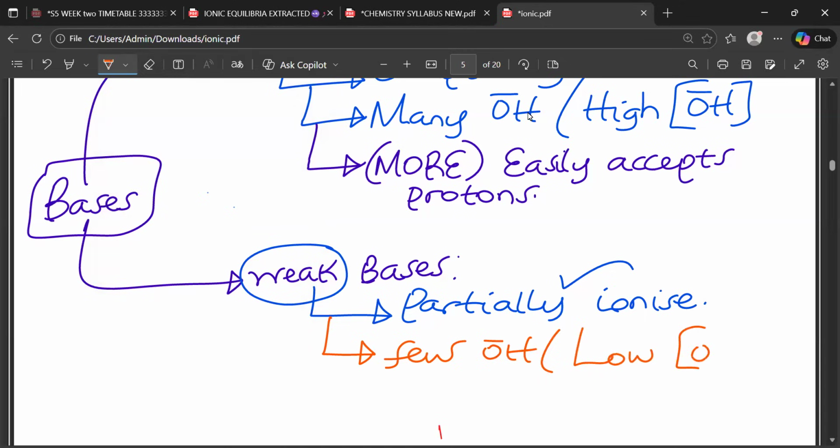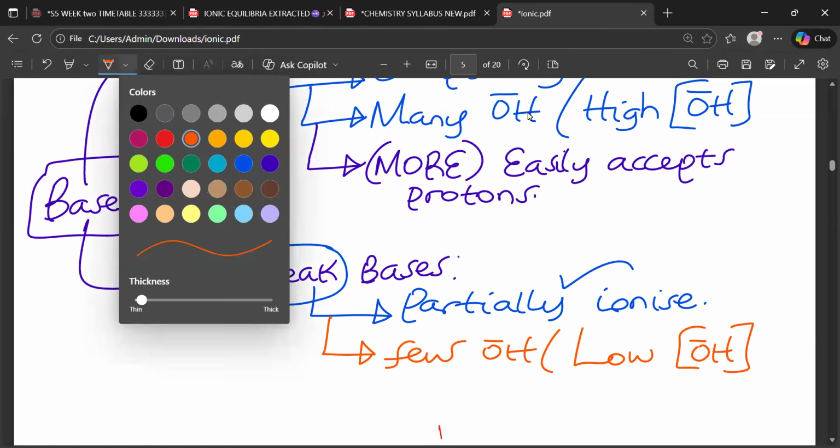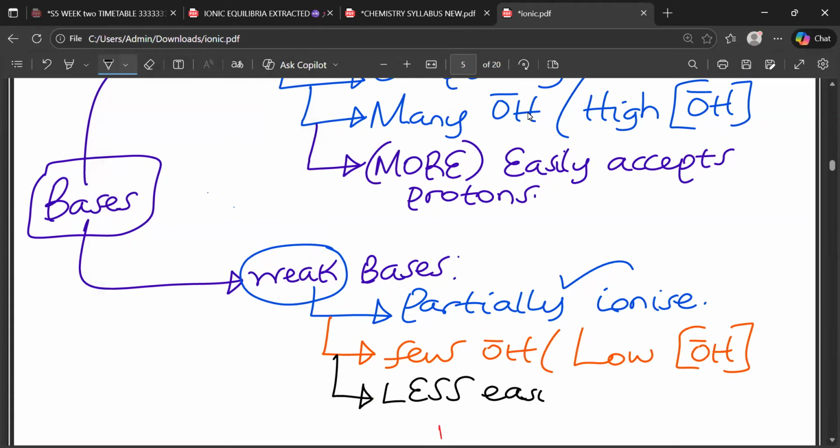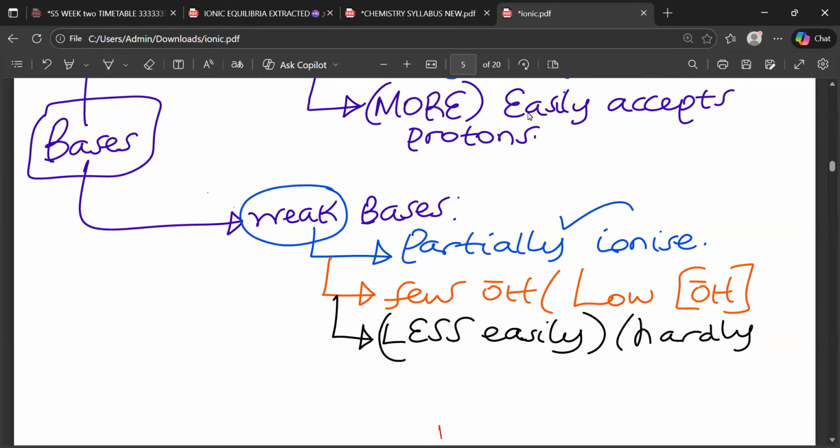We shall need this work in buffers. You may look at these things as obvious, but when you reach buffers, that's when you realize that things are not easy. So here we say less easily, or you just say they hardly accept.